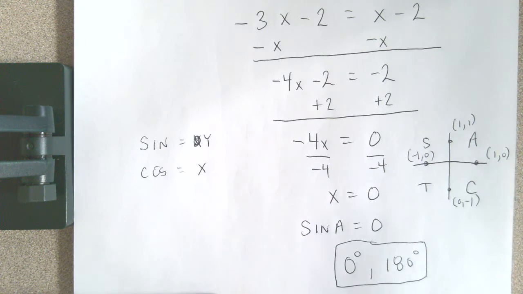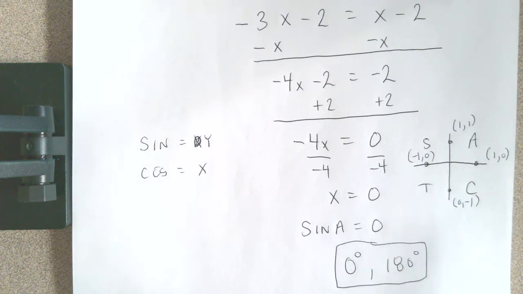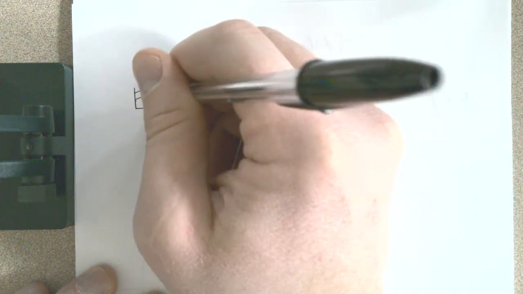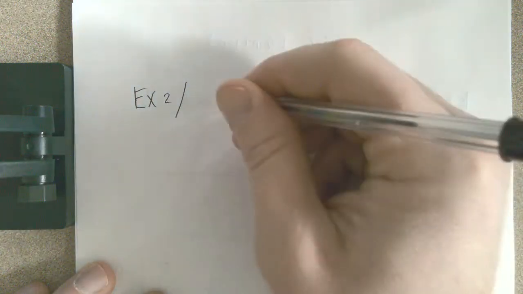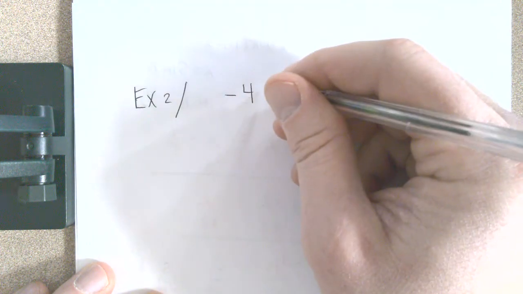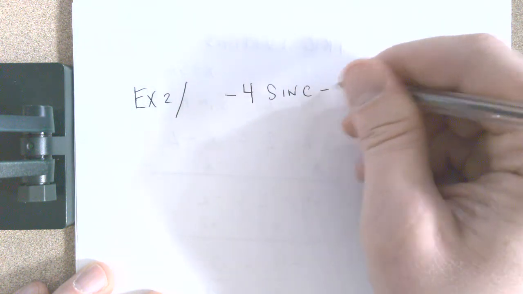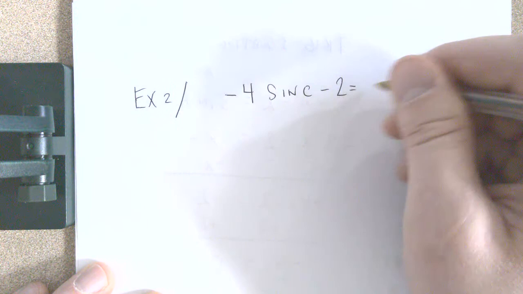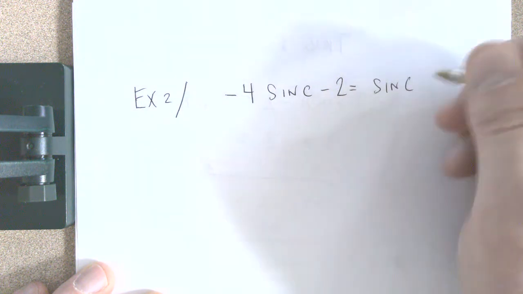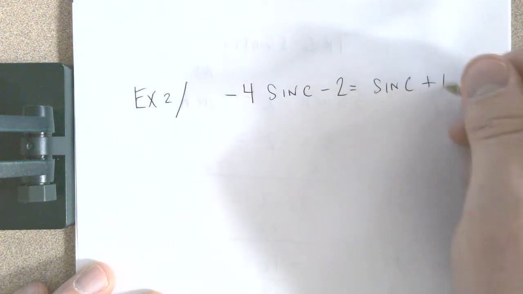Let's do one that's not going to fall on the axis. So this will be example 2. Let's say I have negative 4 sine C minus 2 equals sine of C plus 1.